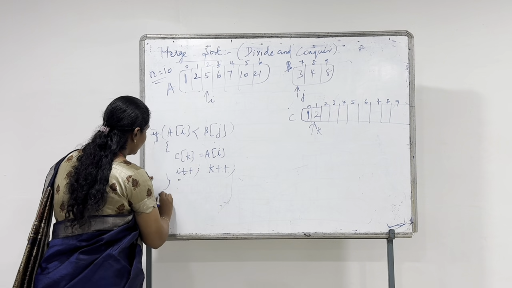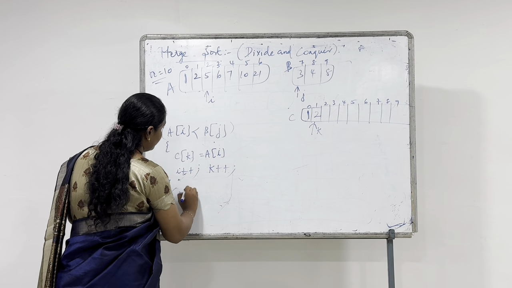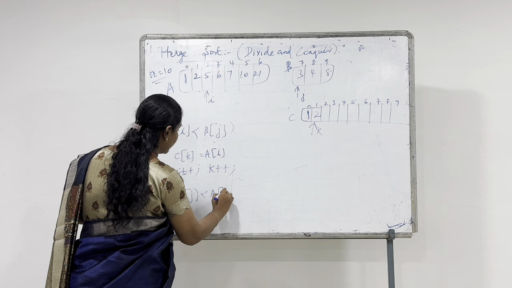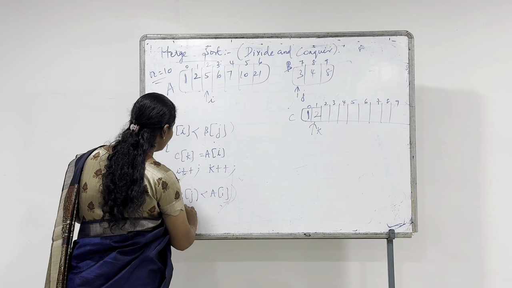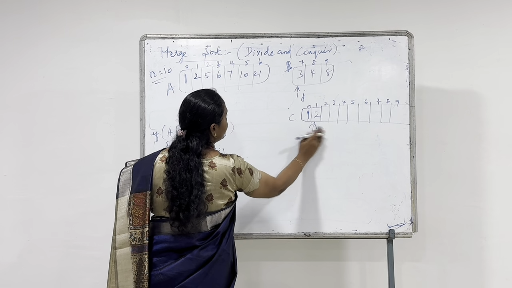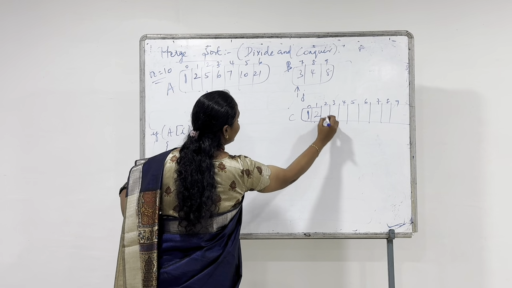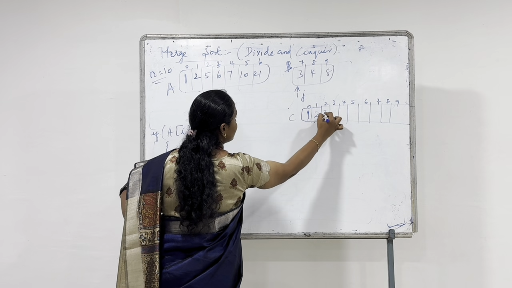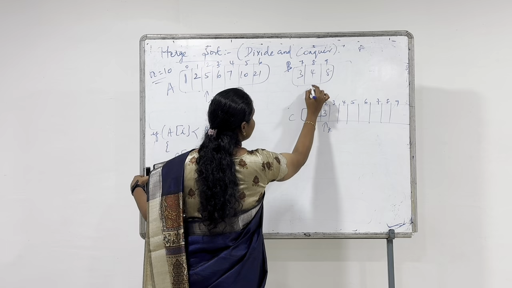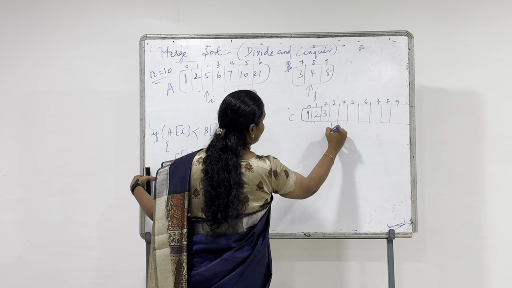If B of J has a lesser value compared to A of I, then we need to move this value from here to here. Move this 3 to the C array. After moving, increment this J value and K value.